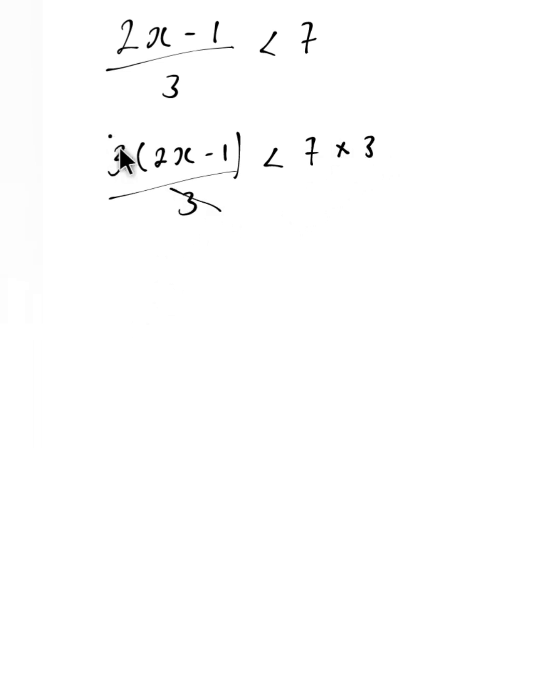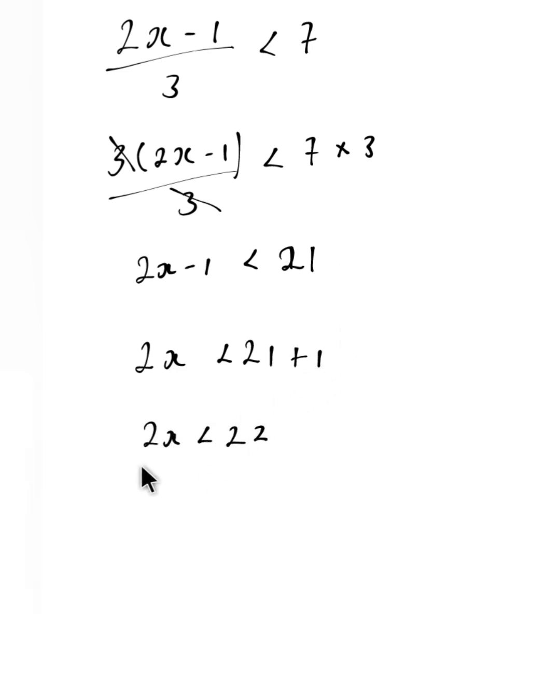So 3 will cancel 3, obviously. We're left with 2x minus 1 is less than 21. So we take like terms, which is 2x is less than 21 plus 1. 2x is less than 22. And then we divide both sides by 2. 2 will cancel 2. So x is less than 22 divided by 2, which is 11. So x is less than 11.